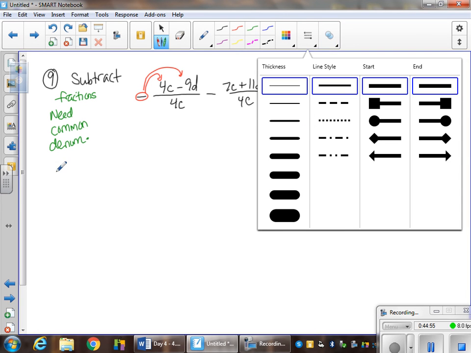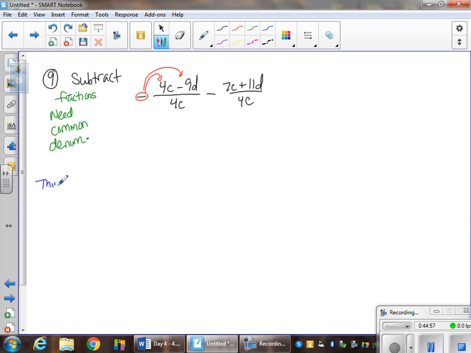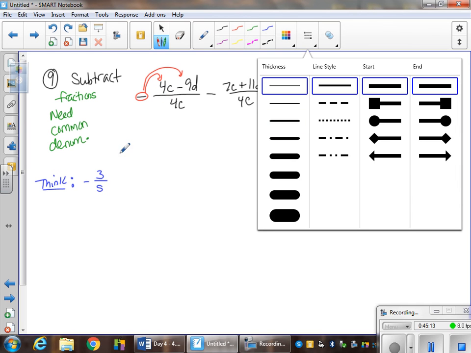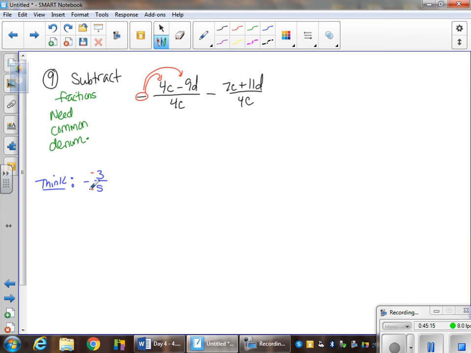Because think about if I wrote negative 3/5. Well, we would understand that that negative applies to the whole fraction. If it applied to the numerator and the denominator, well, all of a sudden you've turned this into a positive 3/5, which doesn't make any sense, okay?